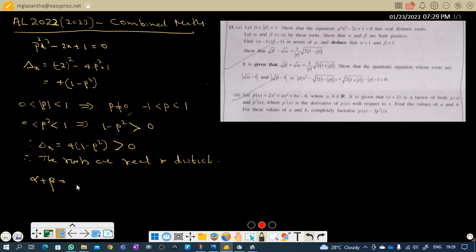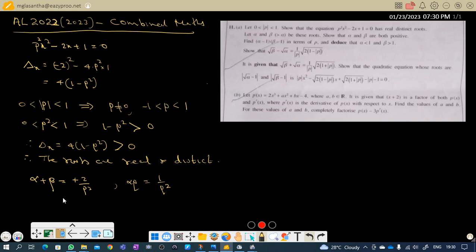From the equation you can write alpha plus beta equals minus b over a. Minus b is plus 2, over p squared. What is alpha beta? Alpha beta is 1 over p squared. That is c over a, right?